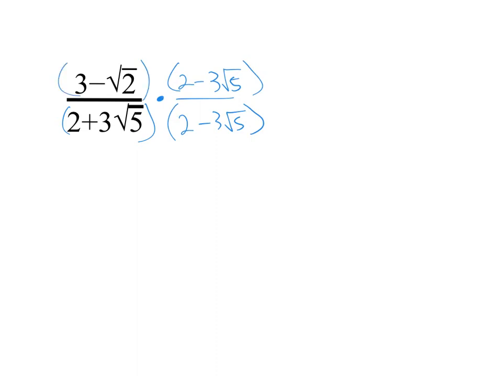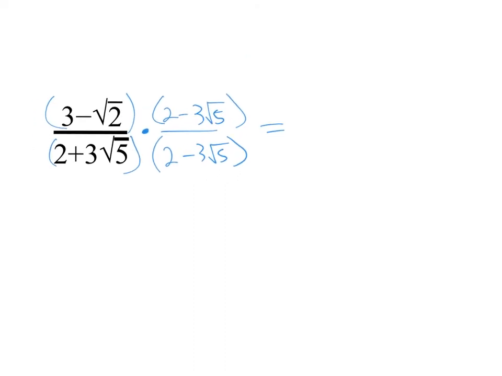So what's going to happen up top is we're going to end up having to FOIL up top. So looking at multiplying our first terms, outside terms, inside terms, and last terms. Multiplying our first terms together up top, positive 3 times positive 2 ends up giving us positive 6. Multiplying our outside terms together, we're taking this positive 3, multiplying it times negative 3 times the square root of 5.